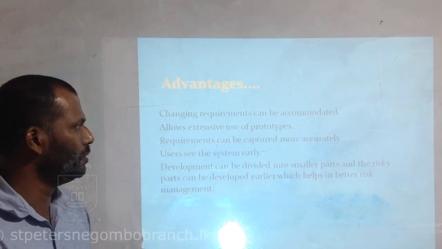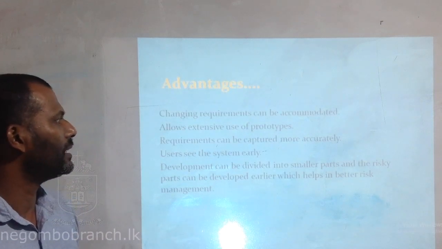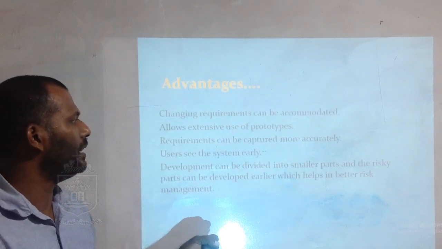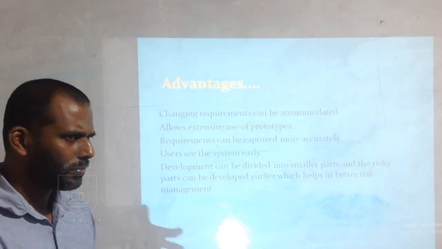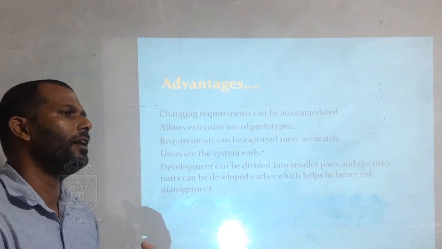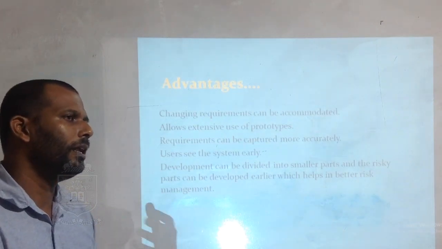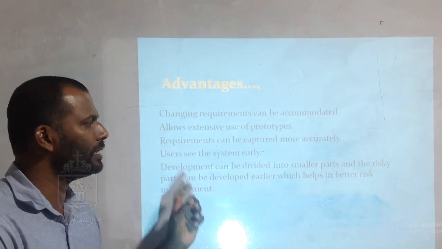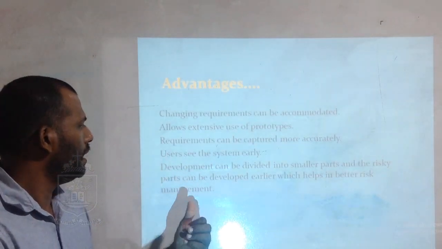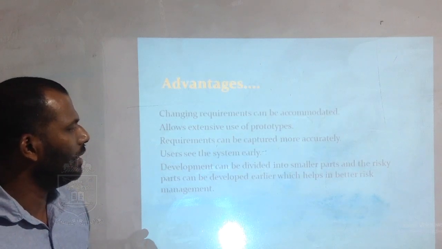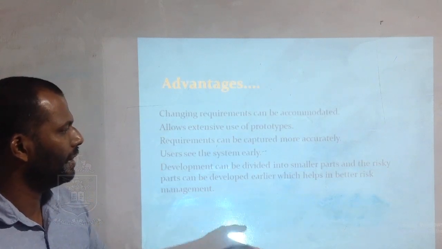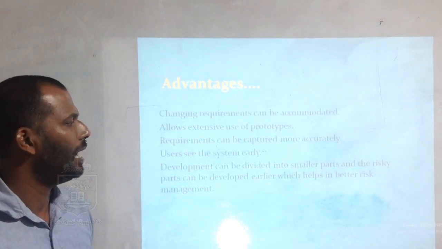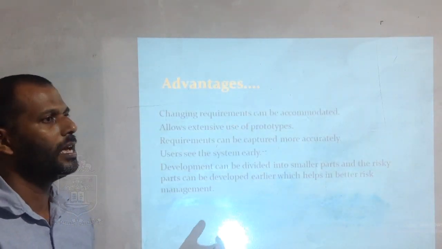It allows extensive use of prototypes. Requirements can be captured more accurately. Users see the system early. Once you complete one spiral, you will see that part. Development can be delivered in smaller parts, and the risky parts can be developed easily, which helps in better risk management.